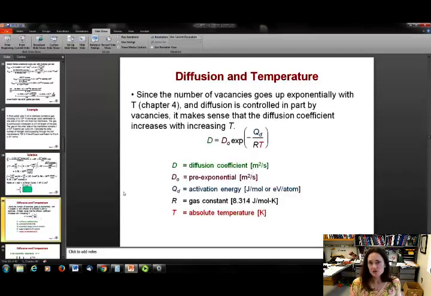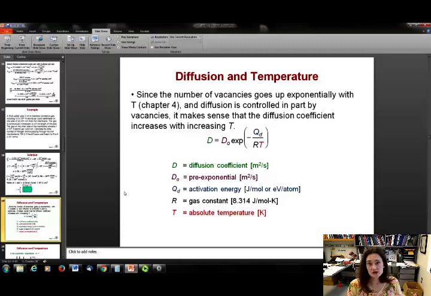Okay, so of course, we talked in another lecture about how the number of vacancies in a material goes up exponentially with temperature. And we also talked about the link between diffusion and the number of vacancies. So since the number of vacancies increases with temperature, it makes sense that there would be a temperature dependence to diffusion.